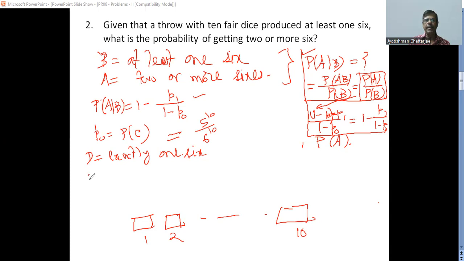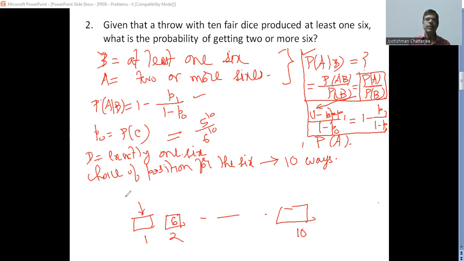Choice of position for the 6 can be done in how many ways? 10C1, that is 10 ways. Once that choice is made, suppose 6 appears here. So this position is fixed. Now the remaining positions, we'll have to see how many ways we can fill those.